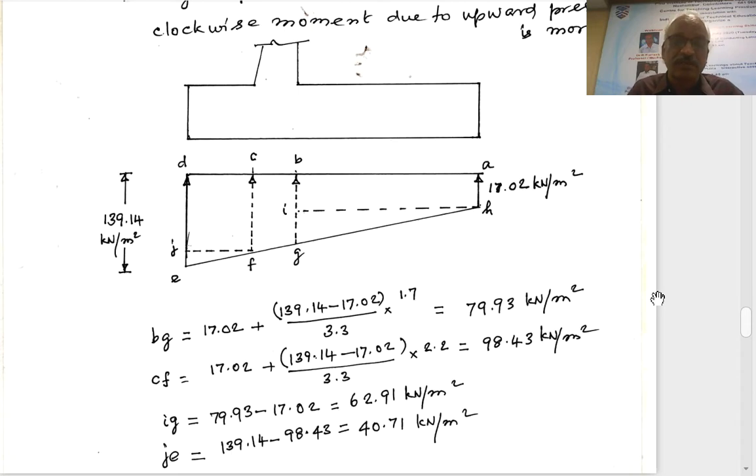Again we'll consider CDEF as a rectangle and a triangle for convenience in the calculations, right? So we'll consider CF equal to 98.43. Therefore, JE equal to the remaining value. JE equal to 139.14 minus 98.43. So that gives the value of CJ. So we'll consider a rectangle and a triangle for the calculations, right?